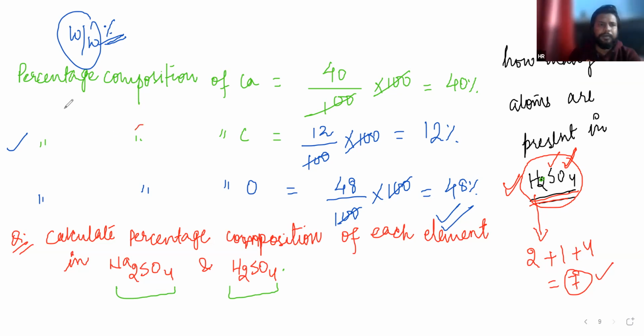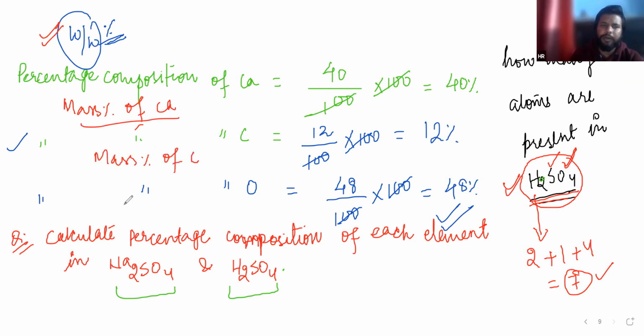I am telling you, mass percent of calcium. I already told you it is weight by weight. So mass percent of carbon, you can also write it, mass percent of oxygen.